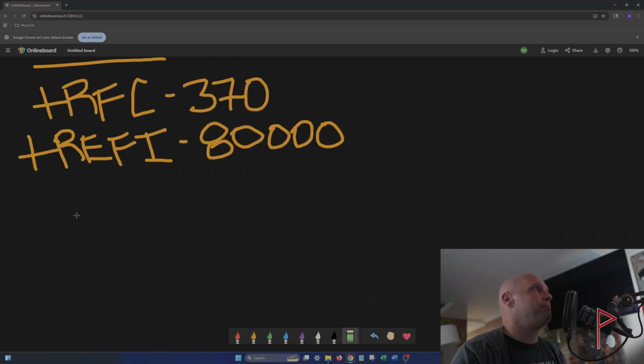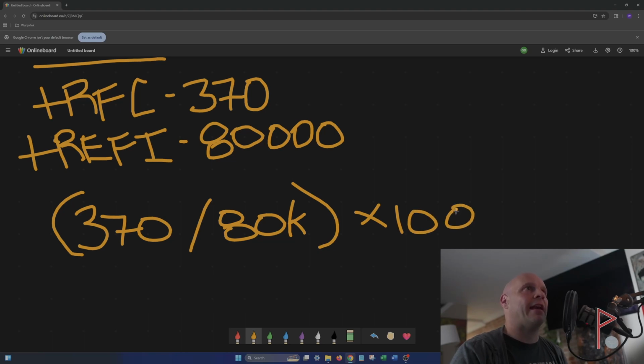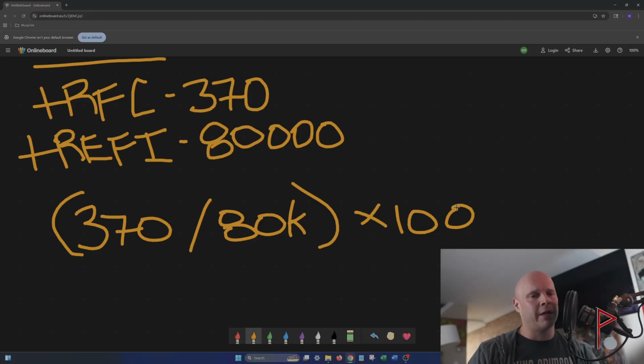If I simply divide 370 by 80,000 and then take that result and multiply it by 100, I get a percentage. And that percentage is not the total amount of time the DRAM cell spends refreshing. No, that's a whole slew of more complicated formulas to figure that out.